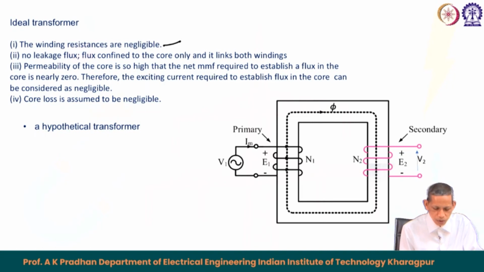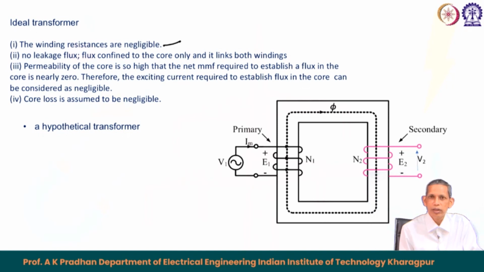So, we assume that the flux is confined to the core only and it links to both windings; there is no leakage flux. The third point is that the permeability of the core is so high that the net MMF required to establish flux in the core becomes negligible.